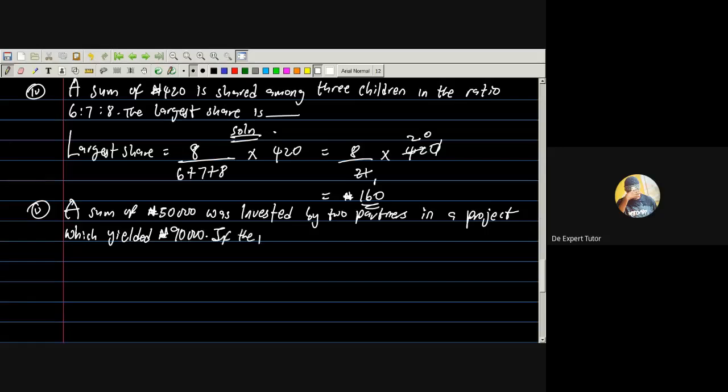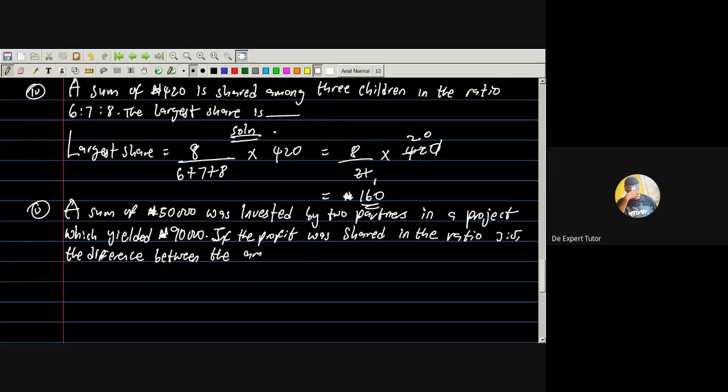The profit was shared in the ratio 3:5. They said the difference between the amounts received by the partners.